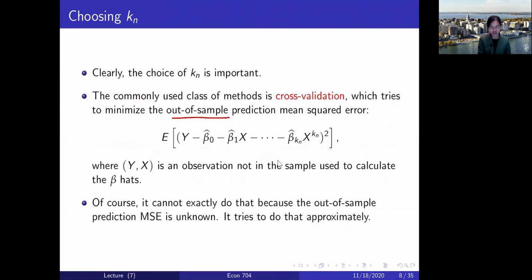So here out of sample means that this expectation is taken with respect to these y and x random variables, and these y and x random variables are independent of the estimators. Okay, you're supposed to evaluate this discrepancy for a sample that you did not use to estimate the beta hats.